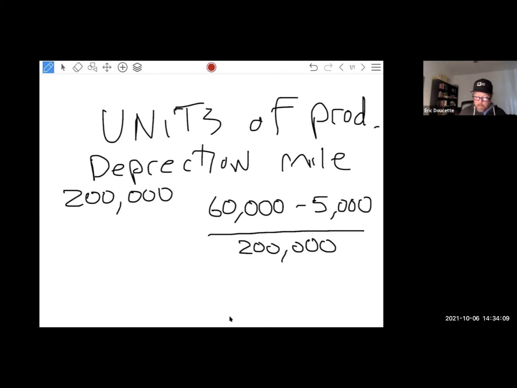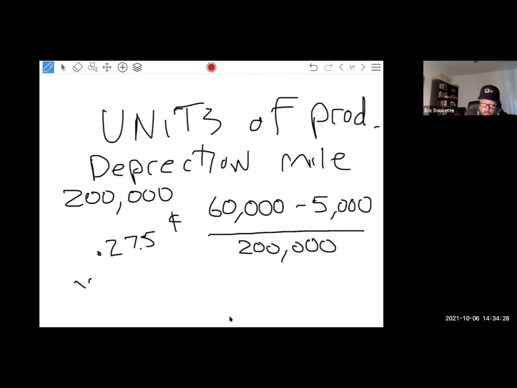All right, so 0.275 per mile. So basically, every mile I drive that vehicle, it's going to be 2.75 cents, or 2.8 cents, to drive it.